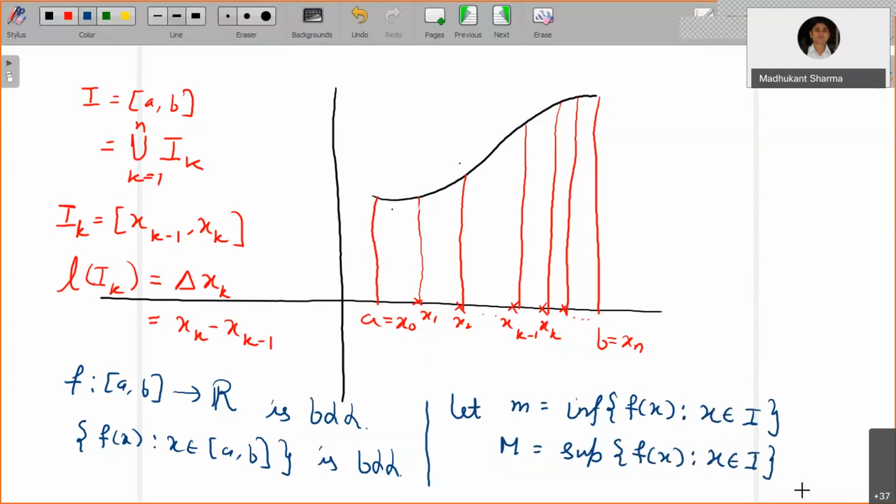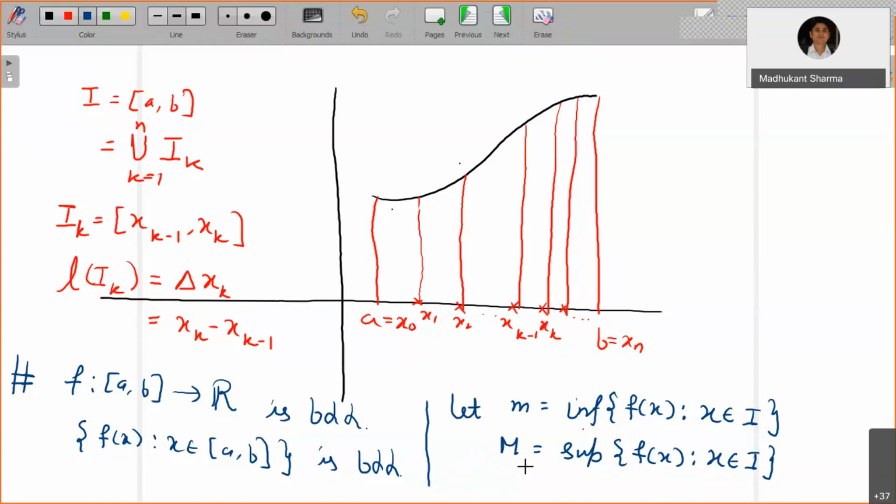Since we are assuming that f is bounded, this gives you the guarantee that the infimum will exist, and we denote it by small m, and the supremum will also exist, and that is denoted by capital M. Right.